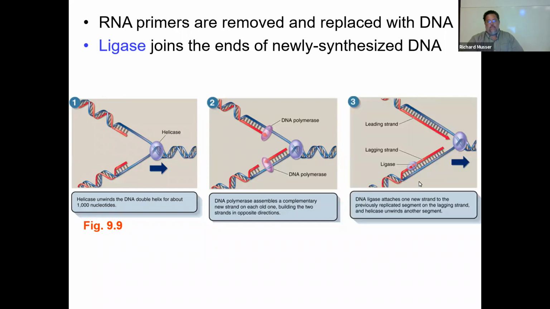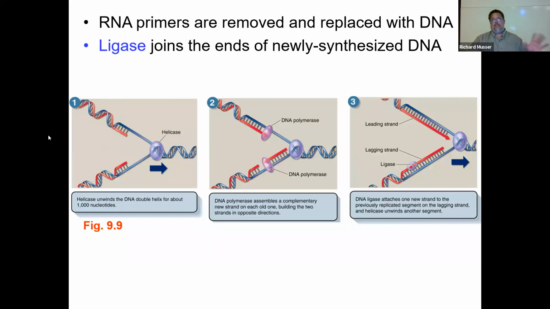And then ligase comes in and joins these pieces together from the different primers that were found on the lagging side. So there'll be little gaps, and it helps join it back together by getting rid of the RNA and putting the complementary DNA into that portion. So that's the job of ligases. It's basically fixing the lagging strand. But either way, you end up with 2 new strands of DNA.